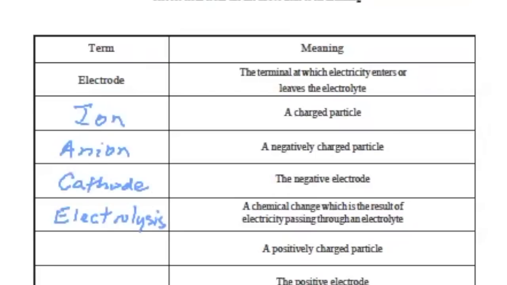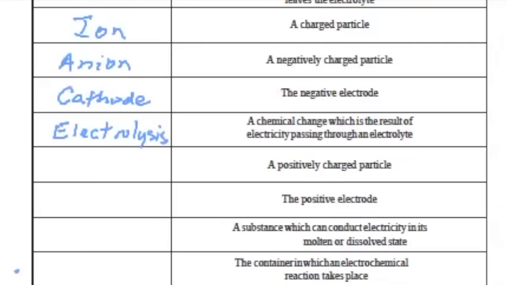Looking at the word electrolysis, we should be seeing electricity. We should be seeing the word lysis, which means to split. A positively charged particle. So we looked at a negatively charged particle earlier. So a positively charged particle would be a cation. The positive electrode is the anode. How many have you gotten so far?